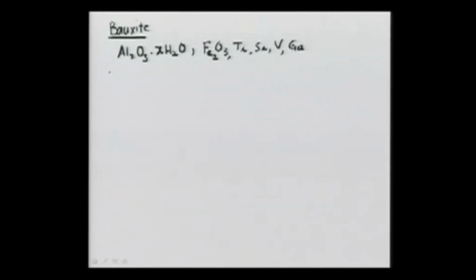The process through which we like to enrich the alumina out of the bauxite is something we can refer to as the selective phase transfer.